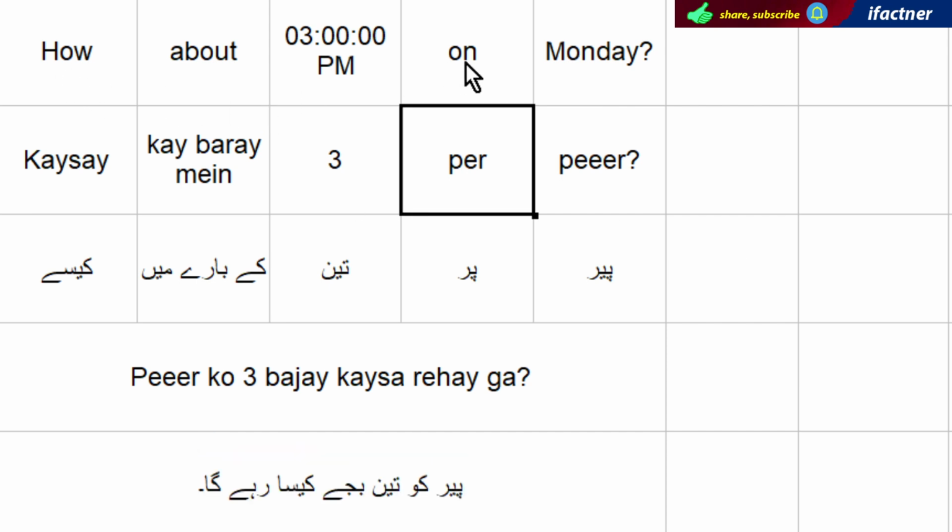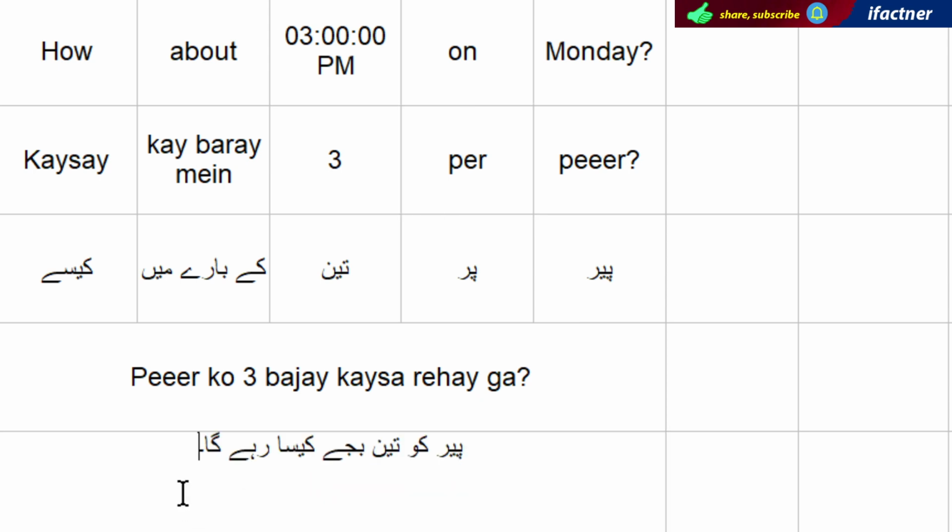How about 3 p.m. on Monday? पीर को 3 बजे कैसा रहेगा, and in the end we should have a question mark because it's a question.